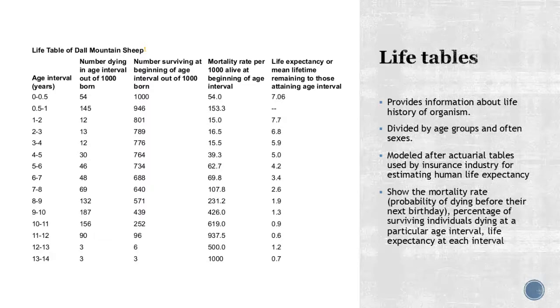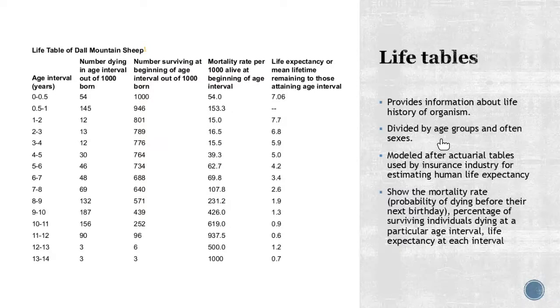As I mentioned, the book talks about life tables. This is one example that the book has about the Dall mountain sheep. Basically, this just gives you some information about the life history of a specific organism. You'll see it often broken up by years, and sometimes you'll actually see it broken up by sexes, so male and female.